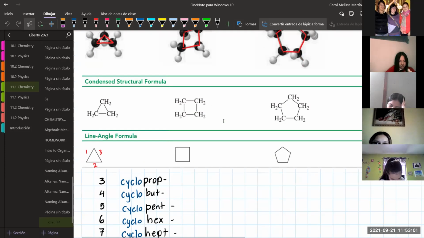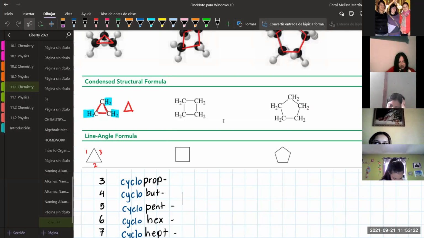Now the condensed structural formula is going to represent the same. It's going to join the carbons, but next to each carbon you're going to have the amounts of hydrogens, okay? But as you notice, it's going to have this same shape.